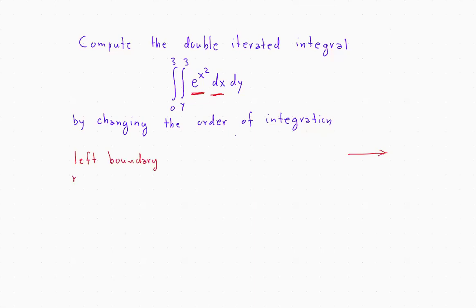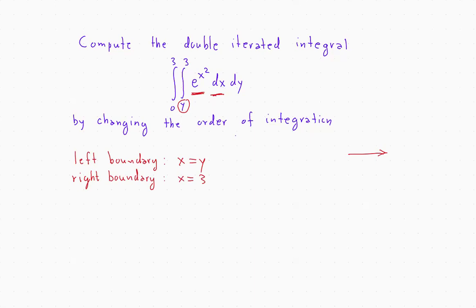And what is the left boundary? So the left boundary would be x equals y. How do I know this? That's the information from the lower limit of integration. And it has a right boundary, which is what? x equals 3. Now, ask yourselves, what are these two boundaries geometrically?